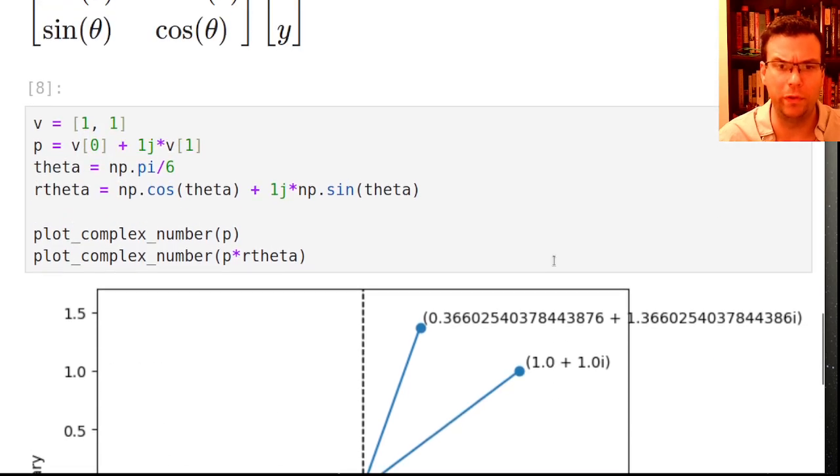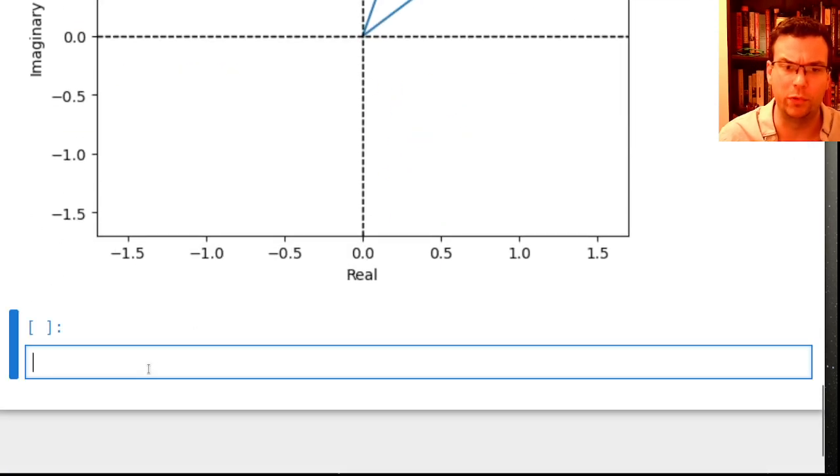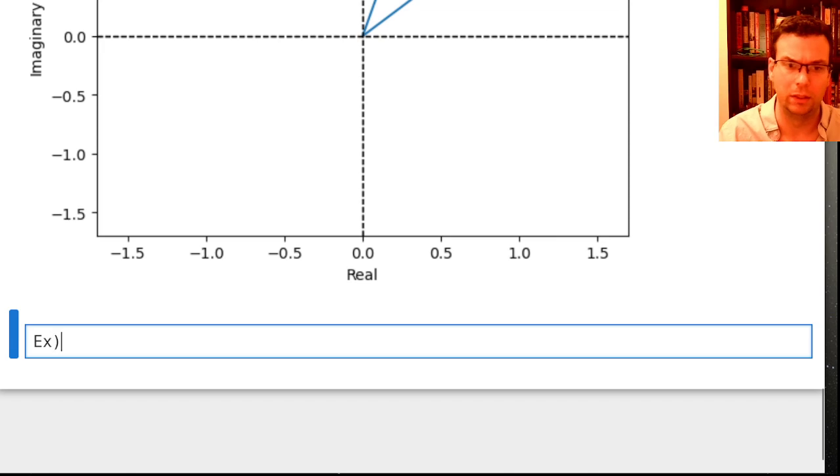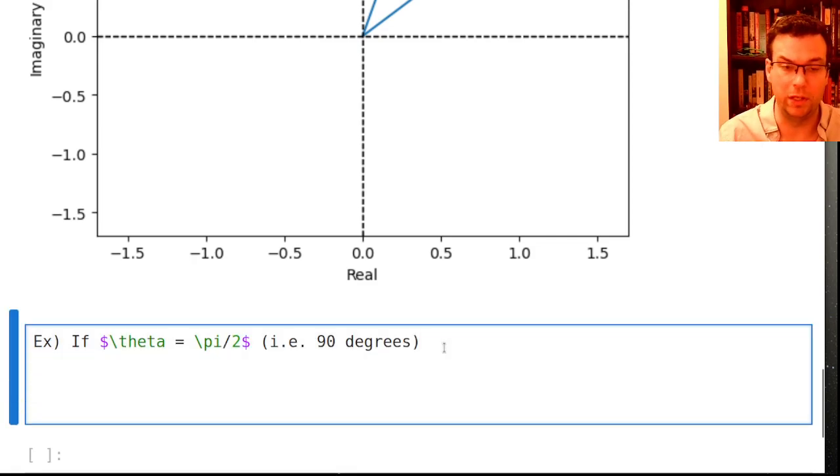And so maybe just one more thing I'll point out is that if you multiply a complex number, so let me just look at one more example of this. If theta is pi over 2, or 90 degrees, then this complex number is going to be very special, because the cosine of 90 is 0, so it's not going to have any real component, and the sine of 90 is going to be 1.